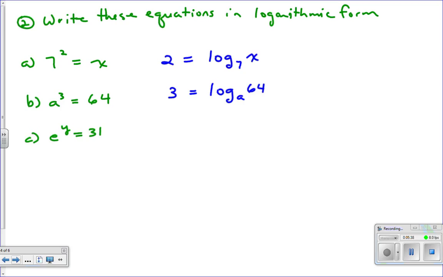And for e to the power of y equals 31, we can say that 31 is equal to, and hopefully you caught that mistake faster than I did, you can say that y is equal to the log base e of 31.